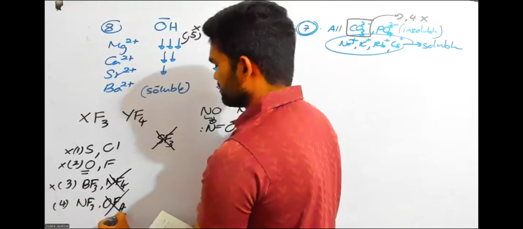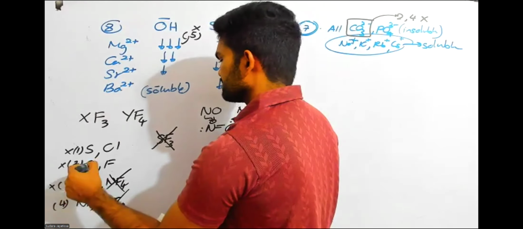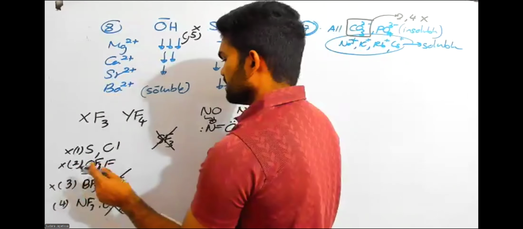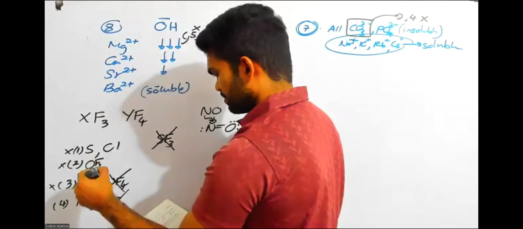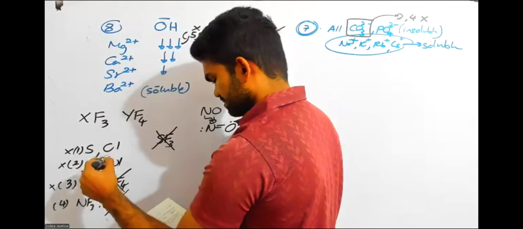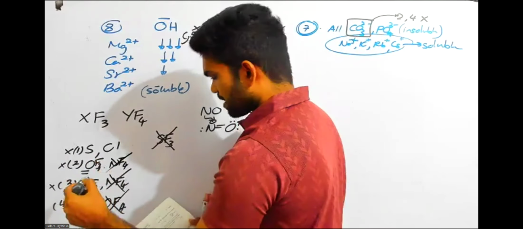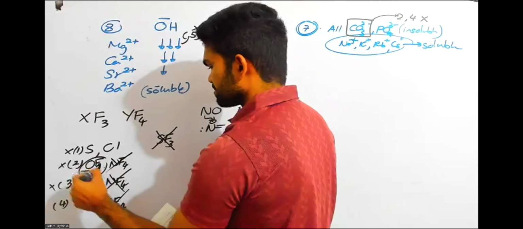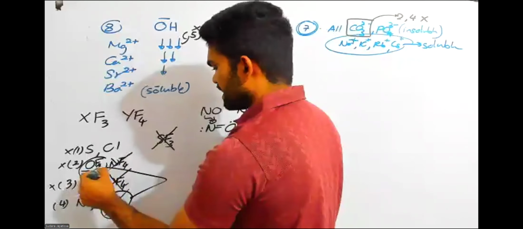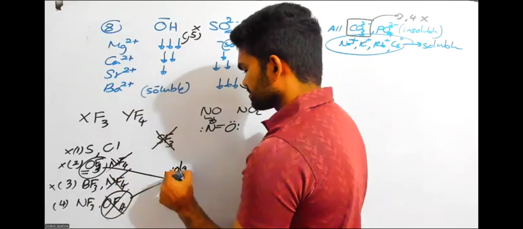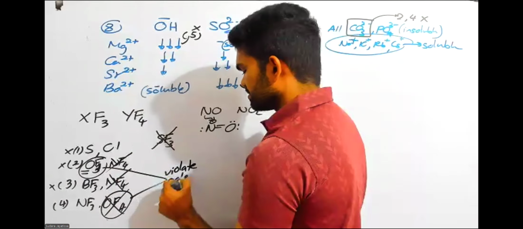OF4 can't be there. OF3 and OF4, they all violate the octet rule.